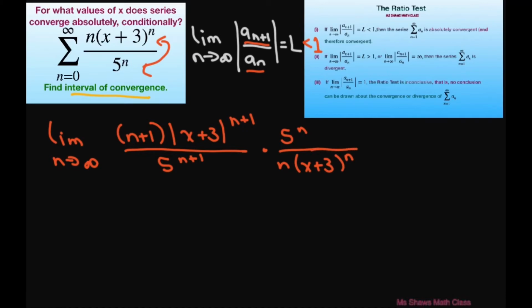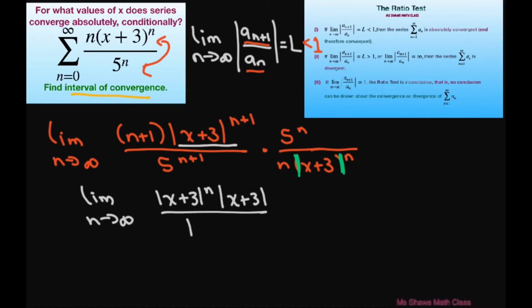All right, now let's simplify as much as we can. This should be absolute value here. Instead of putting it over the whole thing, I just put it over the x portion. Okay, now let's do the limit as n approaches infinity. Now this piece here is just going to be absolute value of x plus 3 to the power of n times absolute value of x plus 3, divided by absolute value of x plus 3 to the power of n.